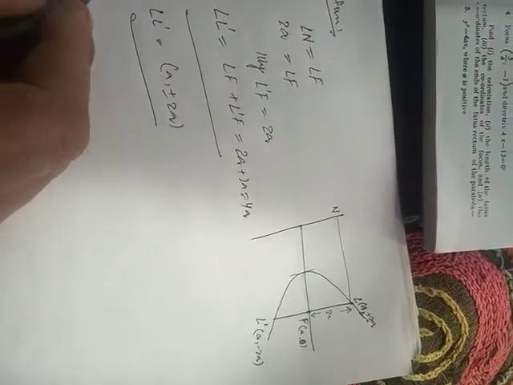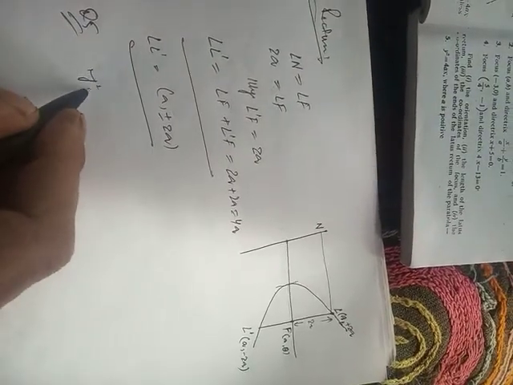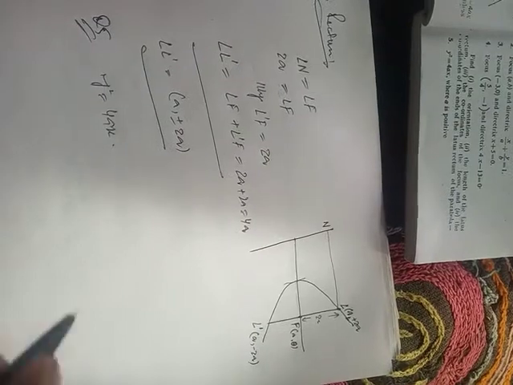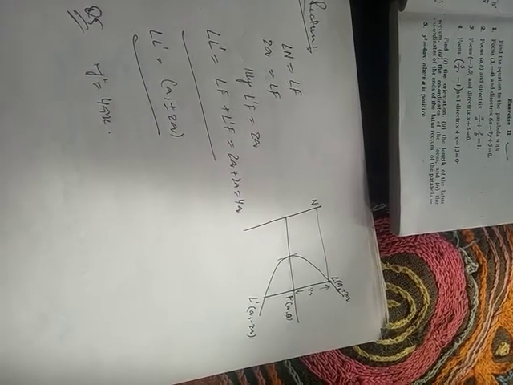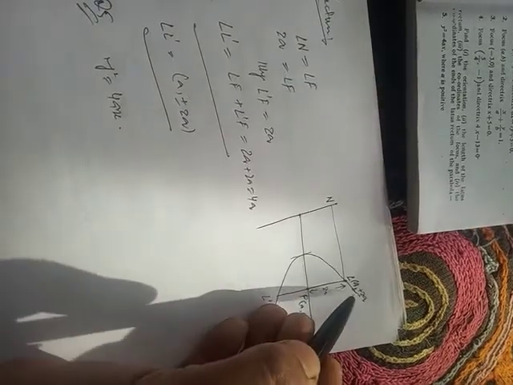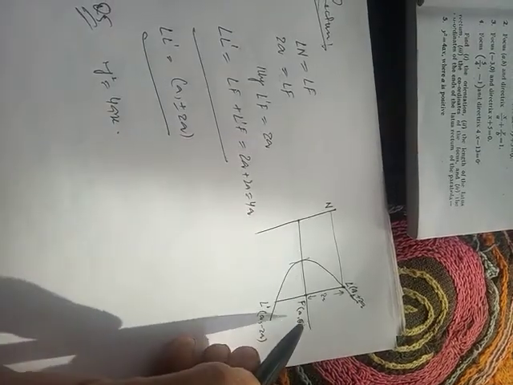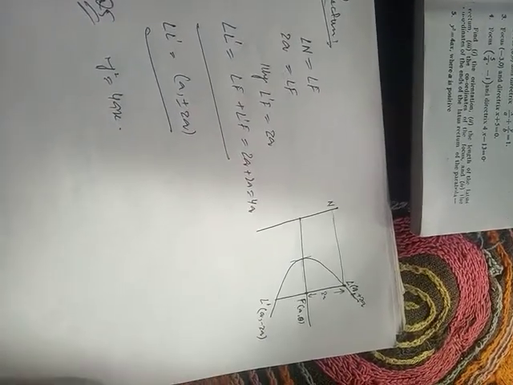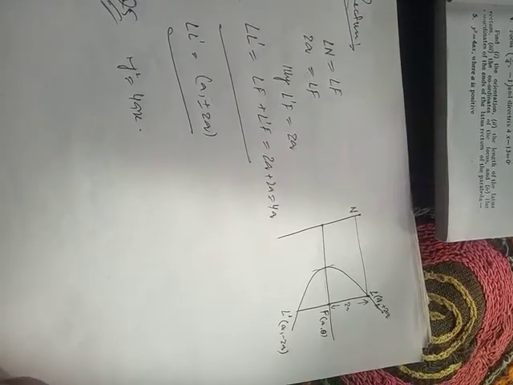Now we have question 5. Question 5 is to find the orientation of y square is equal to 4ax. Orientation means it will be symmetrical along, because it contains which term? The y square term. So it will open along the right side, and it will be symmetrical about the positive x-axis, because it contains y square. That is about the orientation.